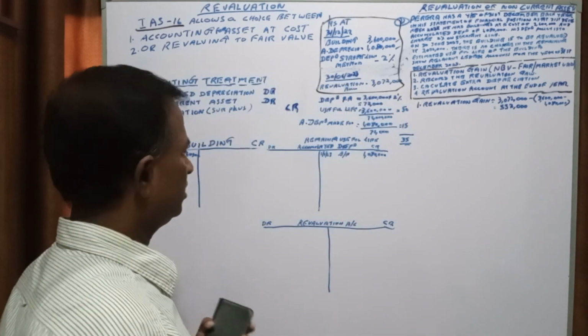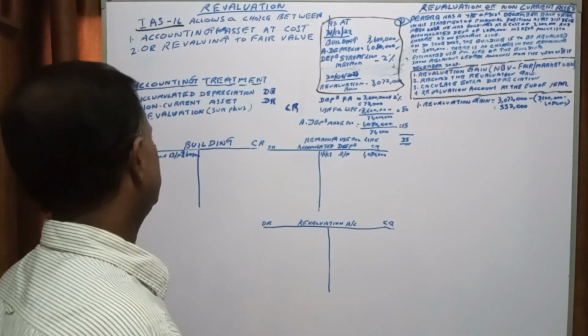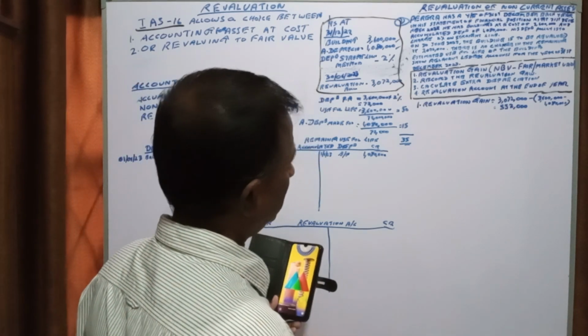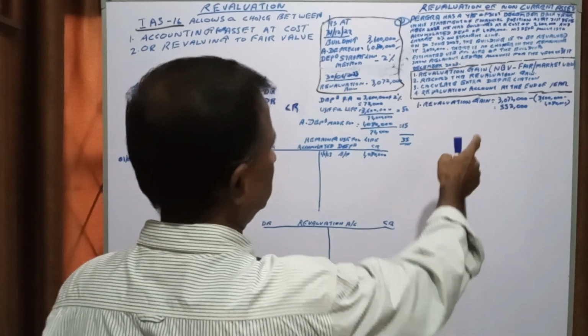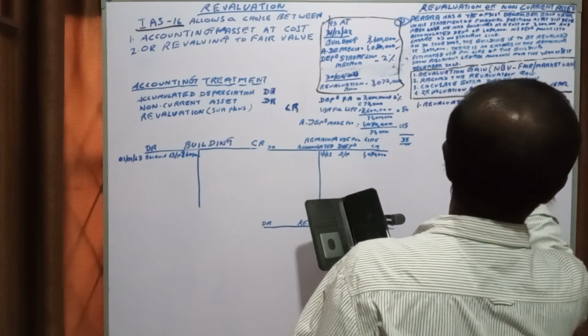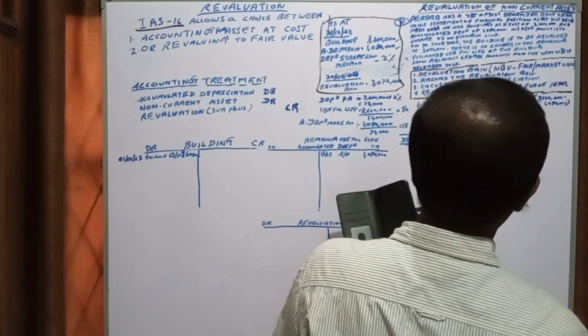Then this is the revaluation loss. There is a revaluation loss taking place for the building. Here, 552,000 revaluation, not gain, this is the loss.